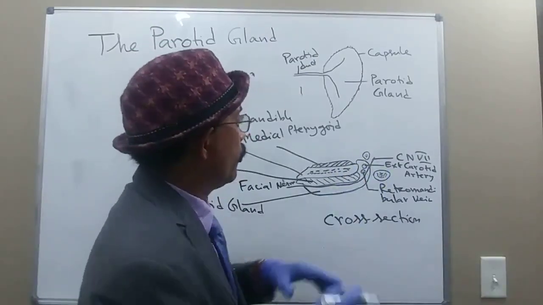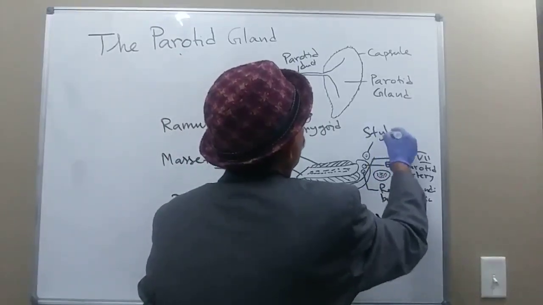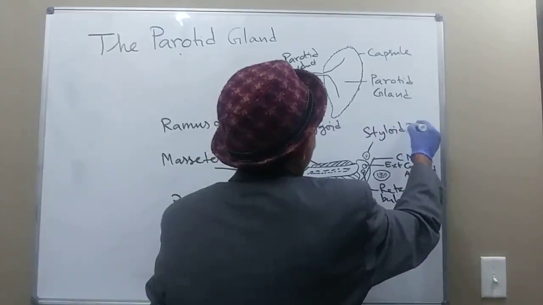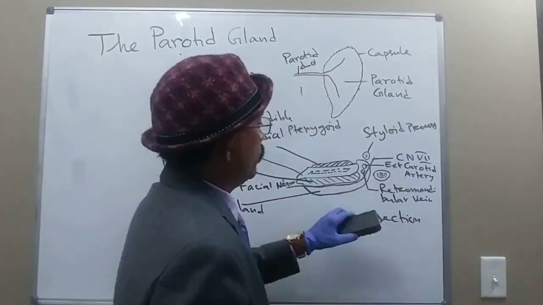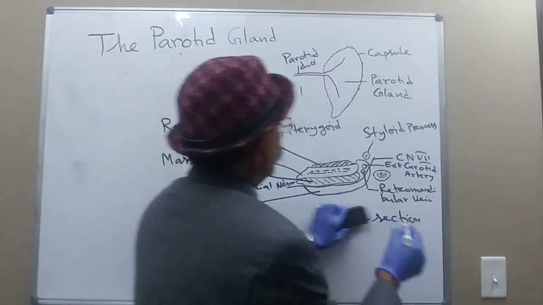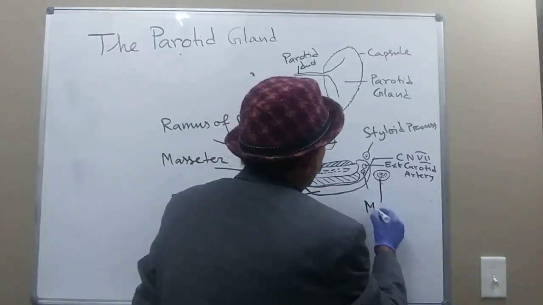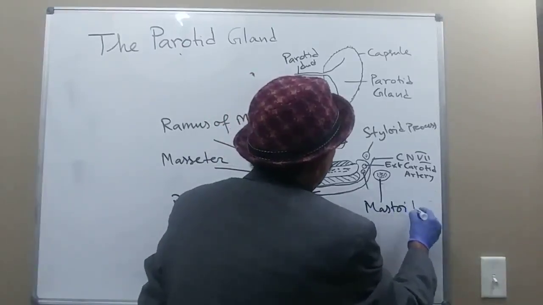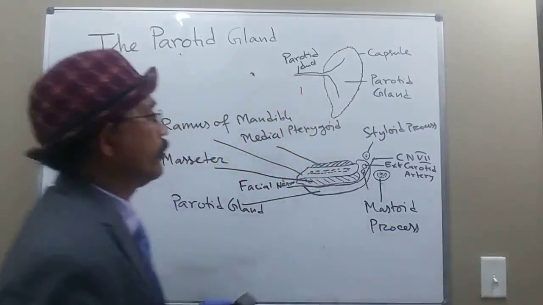And this is what bone? This is the styloid process. How about this bone? This is the mastoid process.